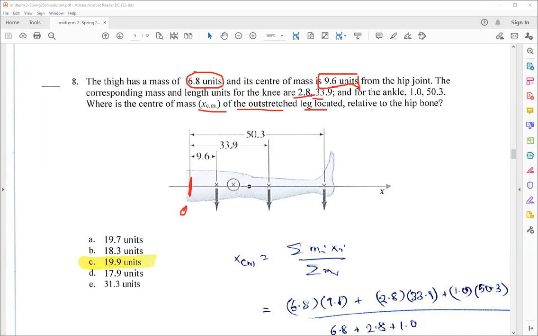And we're looking at the center of mass of the leg, considering we have the mass and distance for the thigh. We have the same thing for the knee, so the knee is here, and the ankle is here.